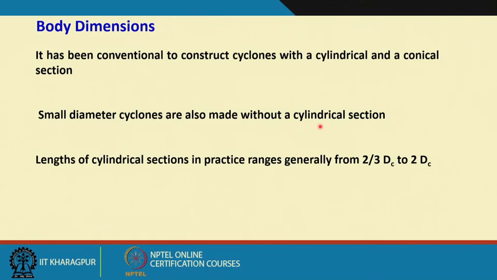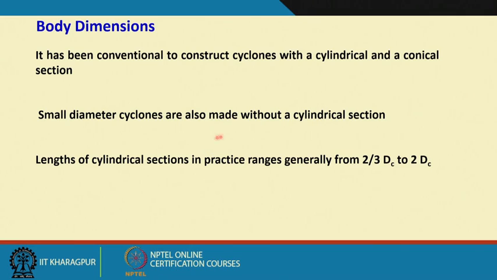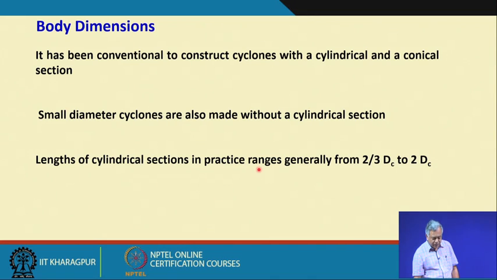So, many times that is a standard design that you have a cylindro-conical design. Many times we have seen that many manufacturers come up with this idea, that small diameter cyclones are made without a cylindrical section.